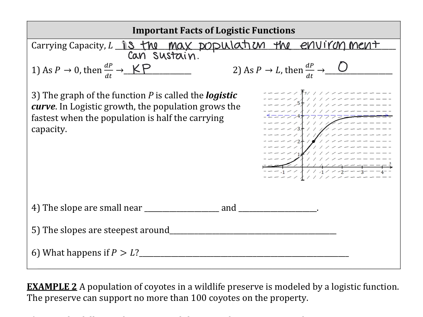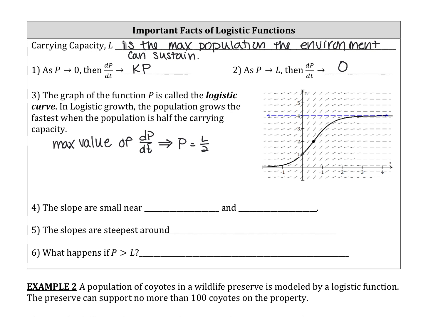In logistic growth, the population grows the fastest when the population is half of the carrying capacity. In other words, the max value of dP/dt, the rate of change of the population with respect to time, occurs when P is L over 2.